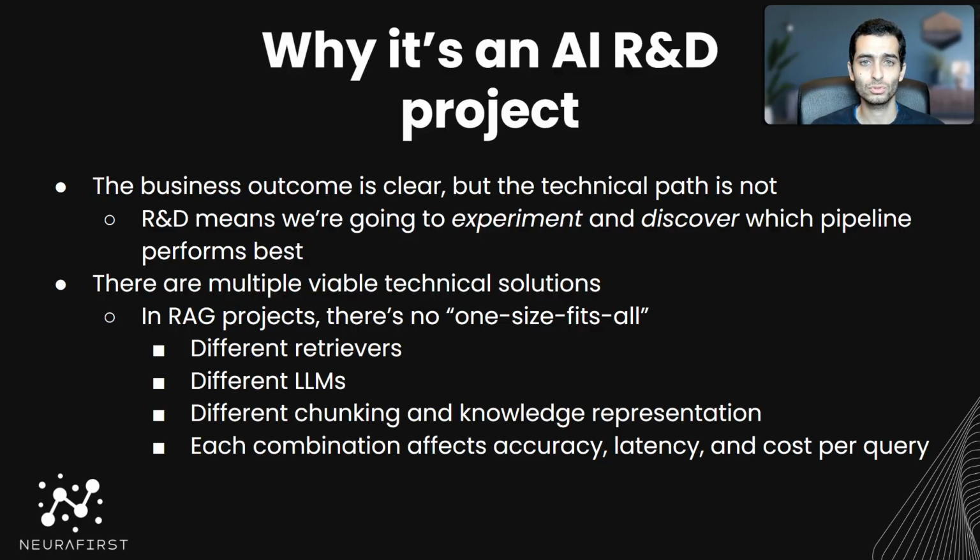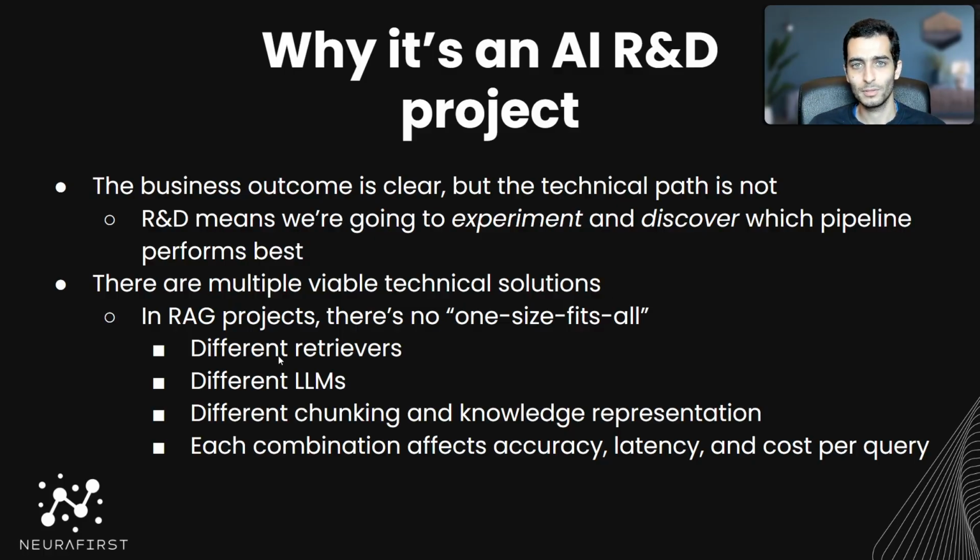Basically we want to discover which RAG pipeline will perform the best in terms of some metrics that I will talk about. And also, as I say here, we have multiple viable technical solutions, because whenever we want to build a RAG system, we don't have a one-size-fits-all, because there are multiple moving parts in every single step of building a RAG system.